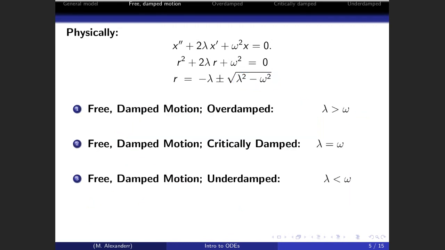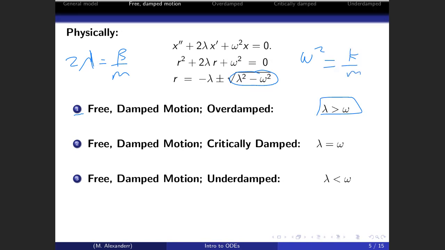But now going back to the physical situation, which is the car suspension problem, we say the following. The first case is whenever the discriminant is positive. In that case, we are saying that lambda is bigger than omega. But you have to remember that 2 lambda, we made equal to beta divided by m, and omega squared we made equal to k divided by m.